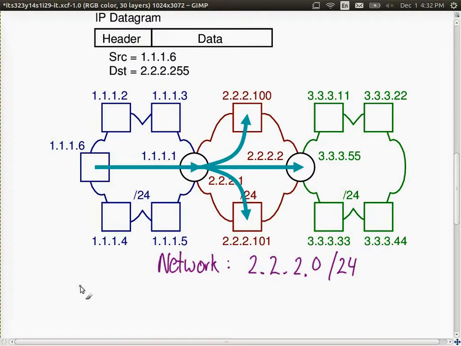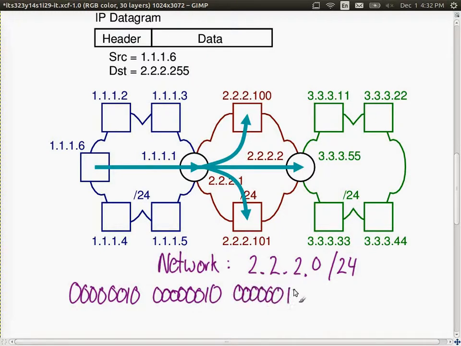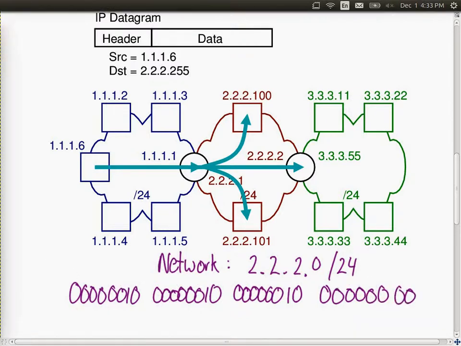Well, write the full address, 2.2.2. The network address was, we set the host portion to all zeros in binary. The /24 tells us the split is after the 24th bit.